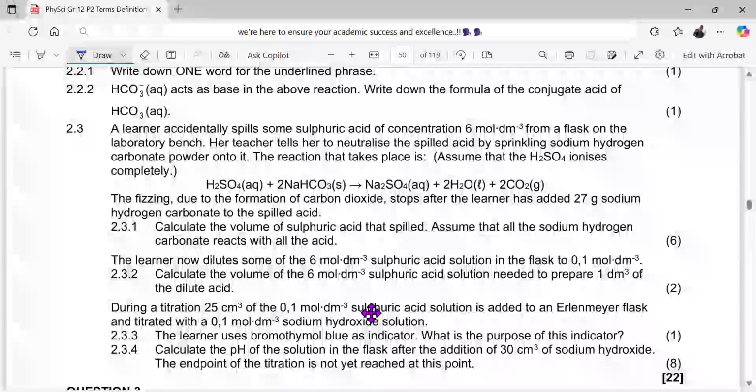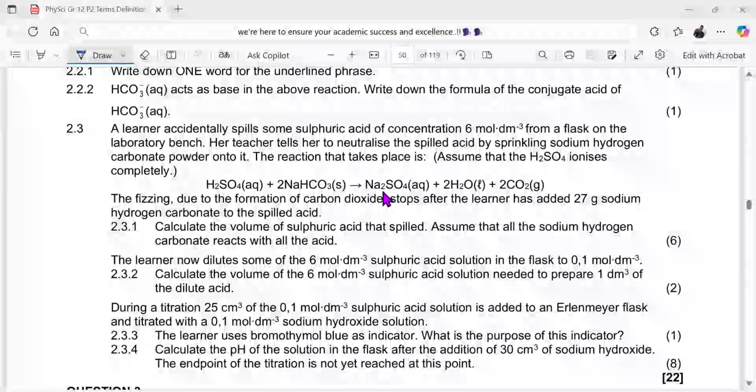The learner uses bromothymol blue as indicator. What is the purpose of this indicator? Calculate the pH of the solution in the flask after the addition of 30 cubic centimeter of sodium hydroxide. The endpoint of the titration is not yet reached at this point.